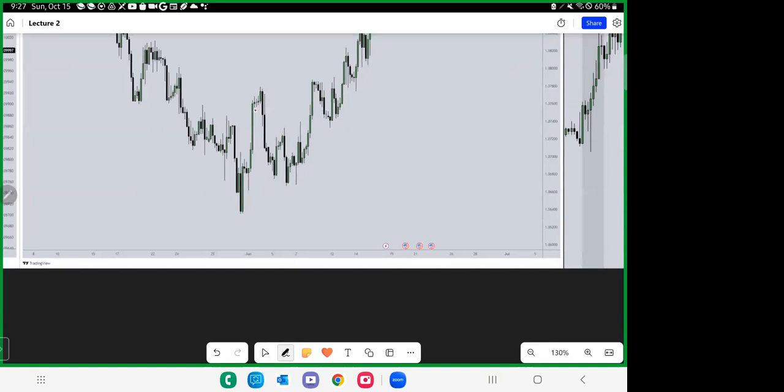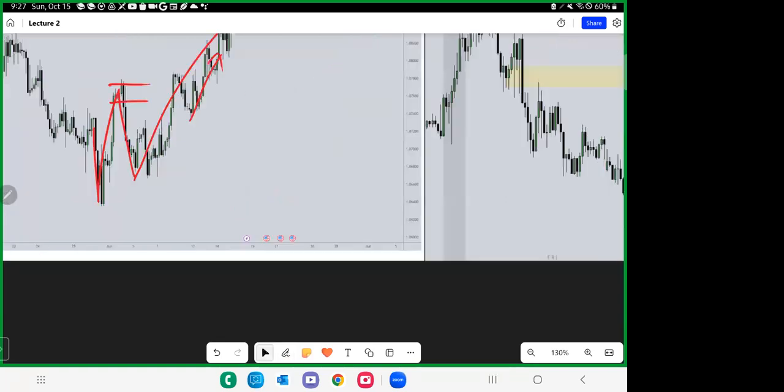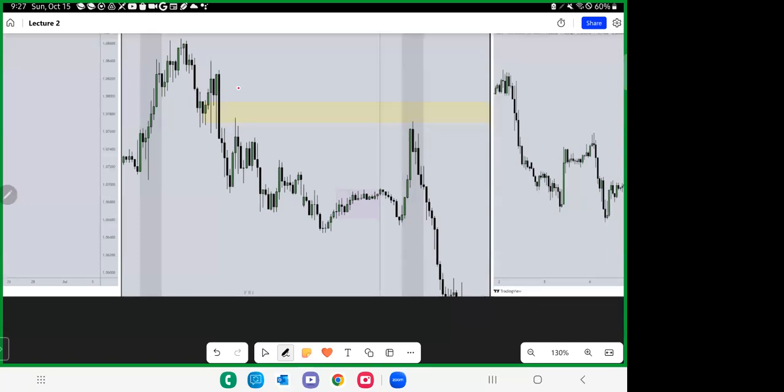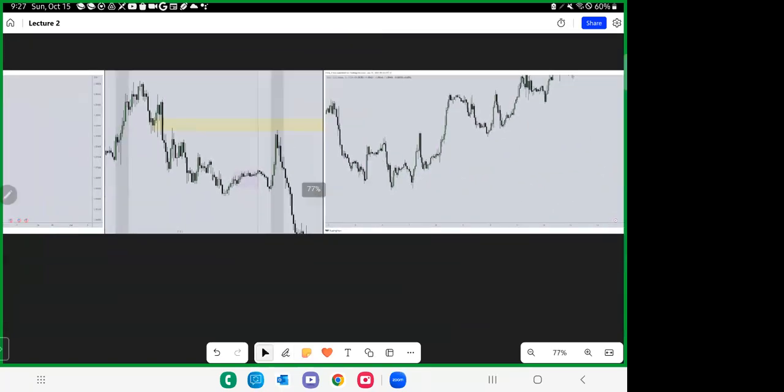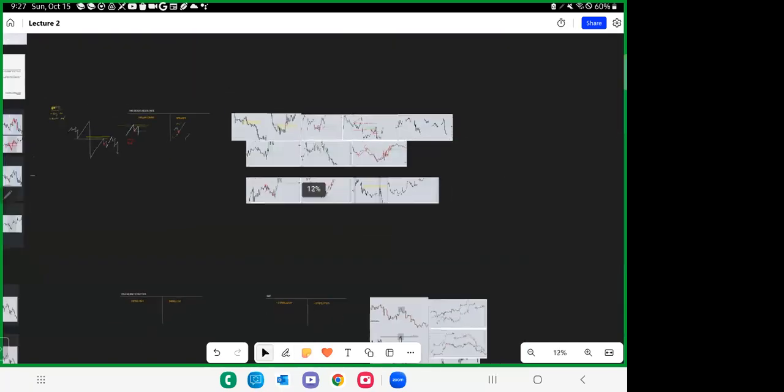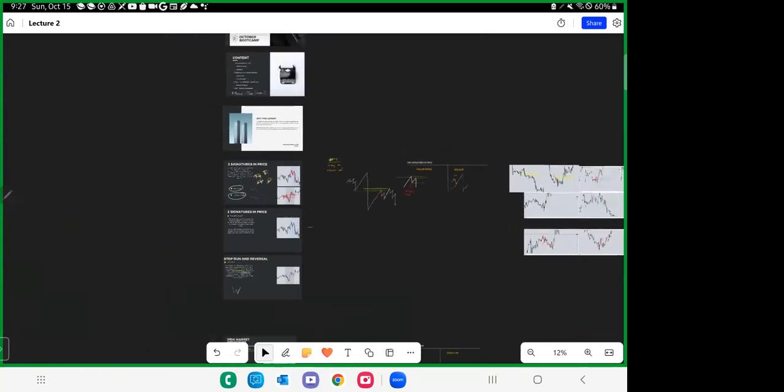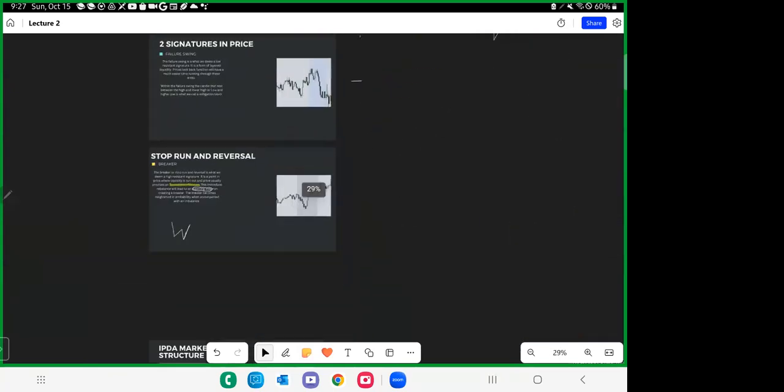Another example here, failure swing, right? Mitigation block, down inside, getting away. All right, so I don't want to bore you guys to death with mitigation blocks and failure swings, but that is your mitigation block and your failure swing.